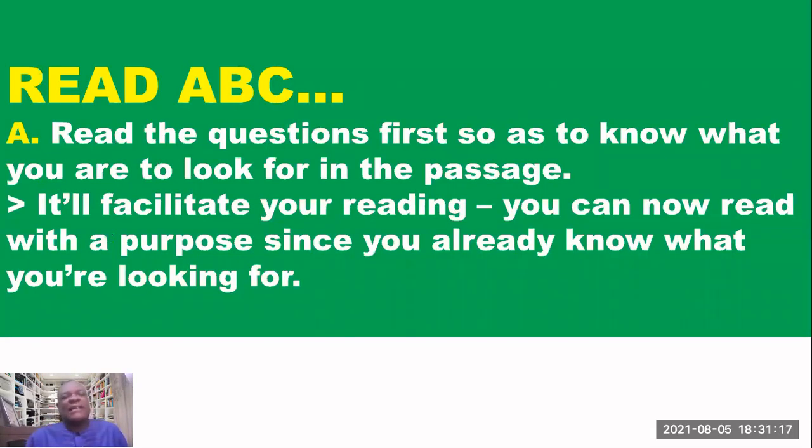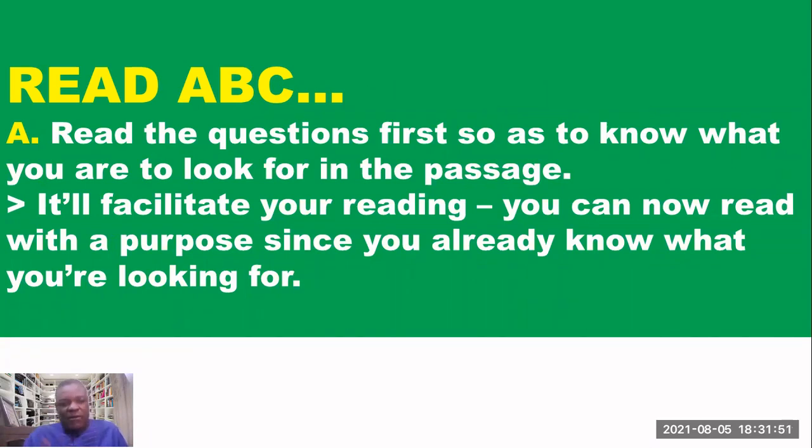Now, let's look at the ABC aspect of read. The A aspect of read is read the questions first. Why? So as to know what you are to look for in the passage. All right, so I've always explained this, that when you read the question first, it facilitates your reading, because after reading the question first, you already know what you are looking for.